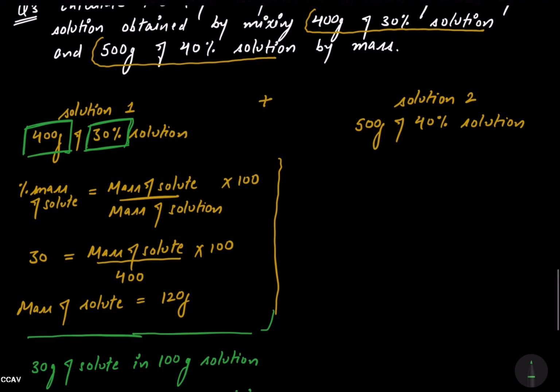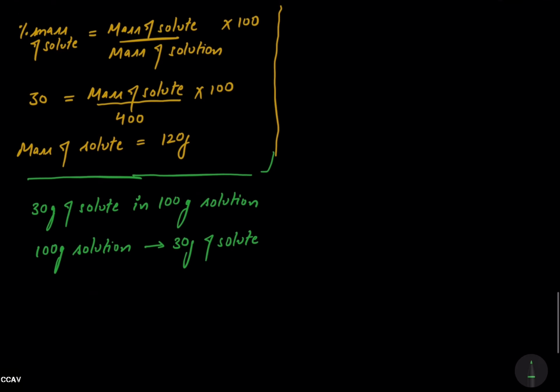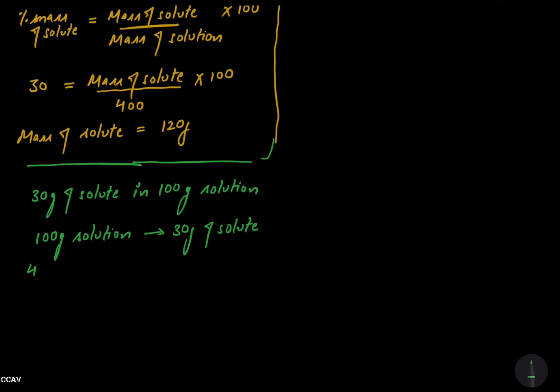That's 400 gram. Then 400 gram of solution will have 30 divided by 100 into 400. It comes out to be 120 grams.